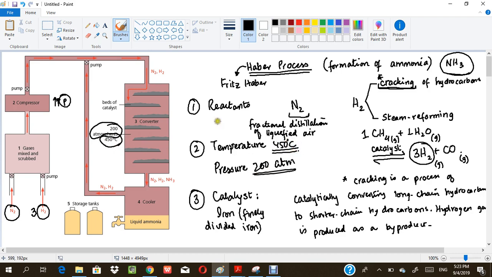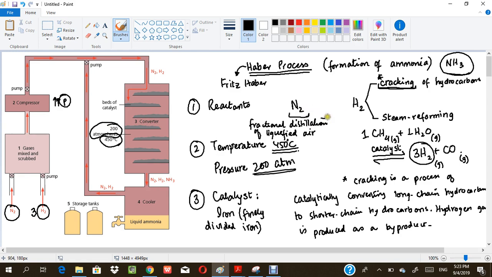Right? These gases enter the bed and are exposed to a high pressure and a high temperature. Now, what this catalyst does is, this catalyst helps the reaction between nitrogen and hydrogen, right?